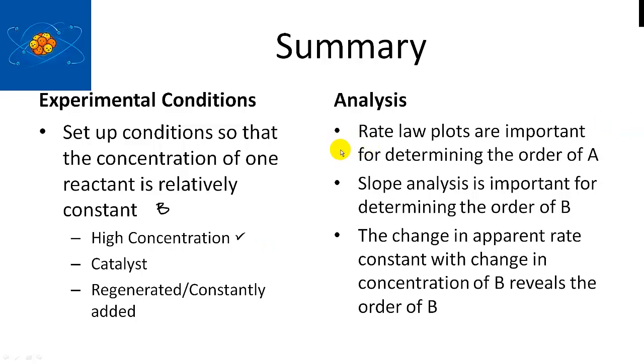Finally, when you analyze this, you use rate law plots for determining the order of the substance whose concentration you allowed to change. In this case, that was A. And then you look at the slope of the rate law plots in order to determine the order of B. That is, you look to see how the slope changes as a function of concentration, and then you determine the order from that.